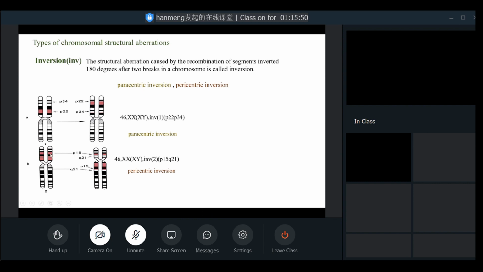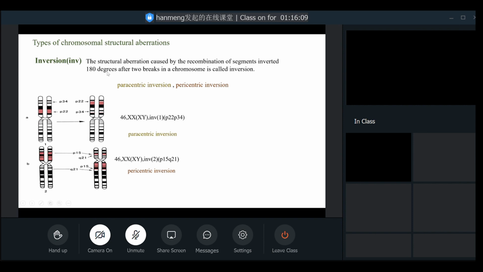Then the fragment inverts to the opposite orientation. So it is named the pericentric inversion because it happened between the short and the long arm.